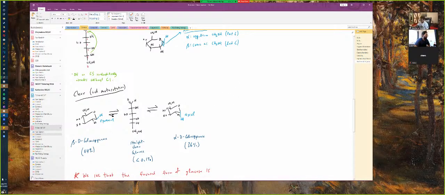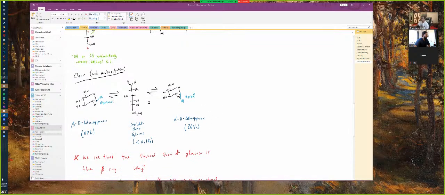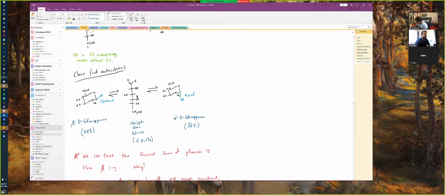And this is just an example of what I was saying about how it prefers the ring formation, because the straight chain version of glucose exists less than 0.1% of the time.